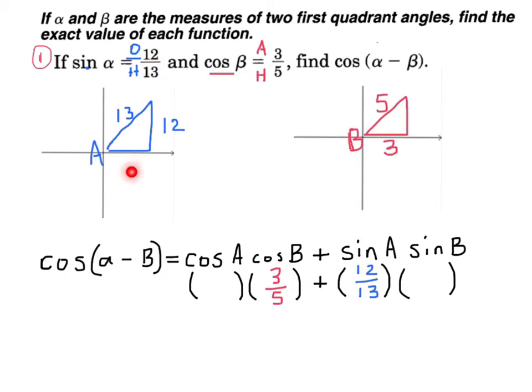So how do we find a missing side? Because for this one, cosine is adjacent over hypotenuse for angle A. Here's angle A, missing adjacent. How do we find that? Right, it's the Pythagorean theorem. So if you plug in your numbers for a squared, b squared, c squared, you're missing one of the legs.